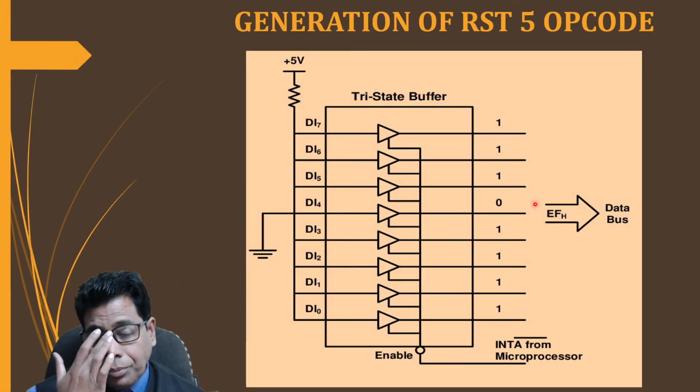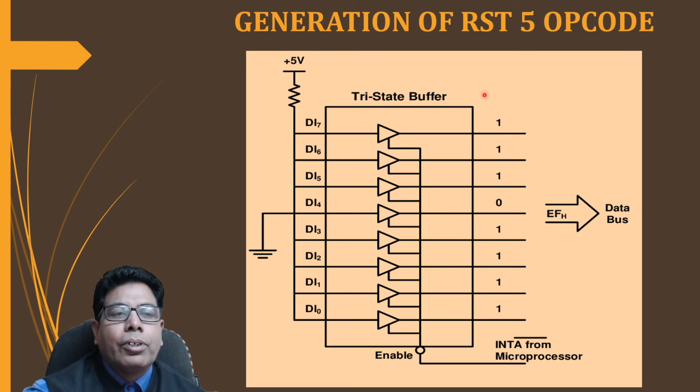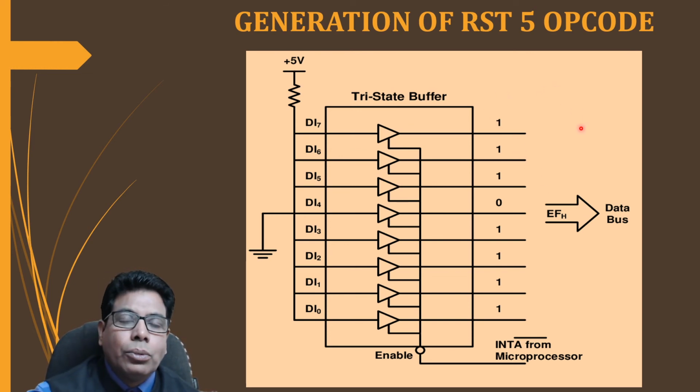You can see in this diagram the hardware required for generation of the RST5 code. Now, as we have already discussed, the RST5 opcode is EF. So EF means 11101111, that is F, this is E. There is a tri-state buffer, and here we have the plus 5 volt supply, and these are the inputs DI0 to DI7 to the buffer.